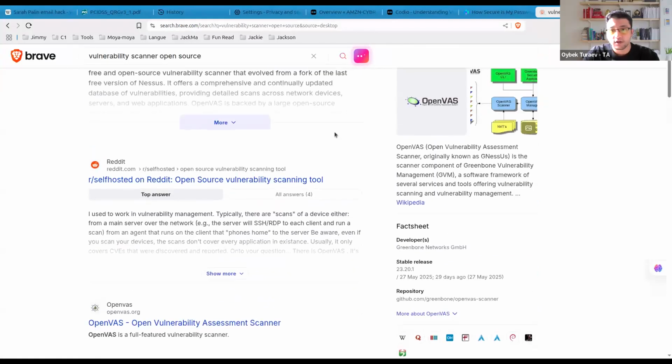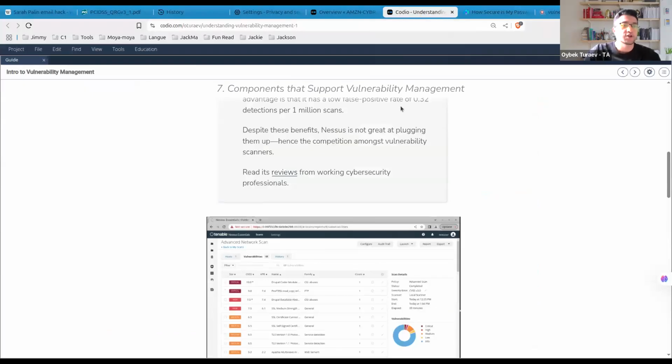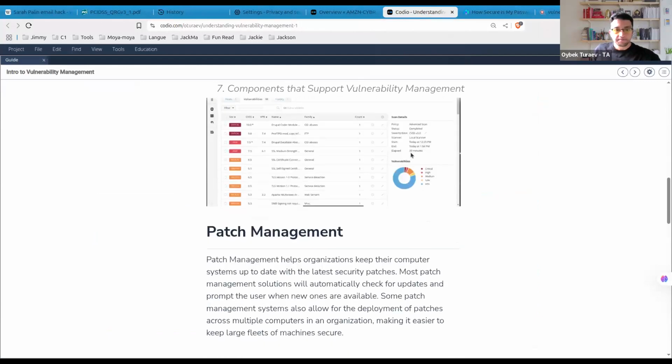Here we have a scanner, originally known as GNSS, a scanner component, so that's a super open source tool. We have now two options, for example. Now I think OpenVAS functions more as an open source tool. We have Nessus and then we have OpenVAS.